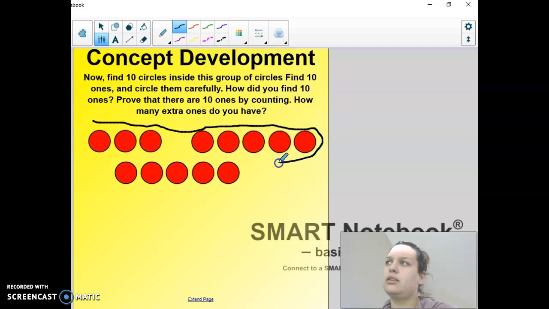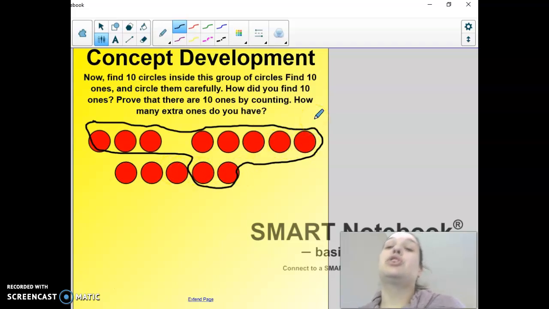Oh boy. 9, 10. And then let's just double count. 1, 2, 3, 4, 5, 6, 7, 8, 9, 10. You always want to make sure you circled only 10. So it's always good to count to check your answer, I should say.